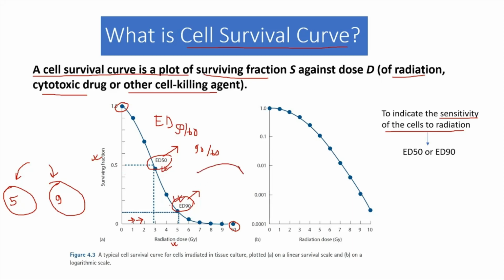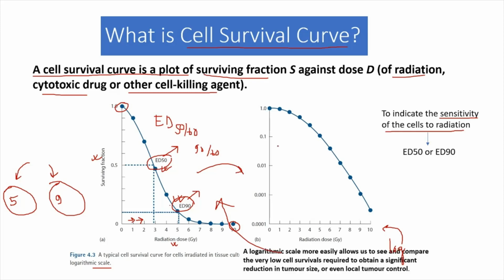This graph is the same graph as here, but it is on a logarithmic scale, and this graph is on a linear scale. So why is this log scale very important? Because it helps us to see and visualize the very low cell survivals.